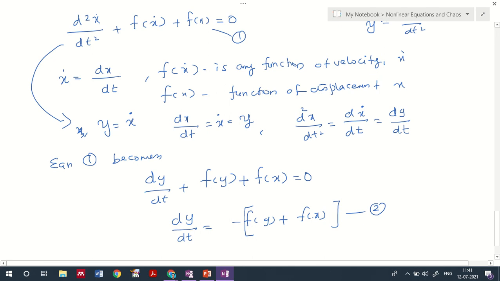So we have two equations now, represented in this fashion. And now this is our representation.